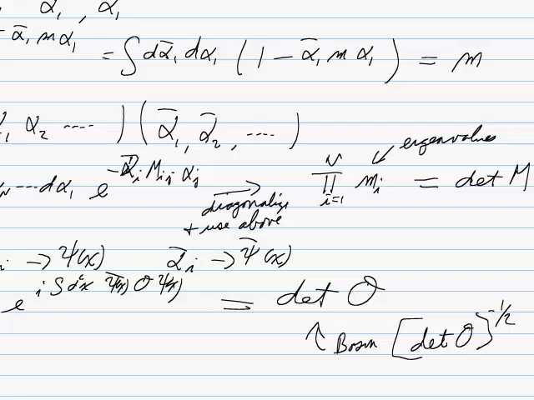Here, fermions give you the determinant of O to the first power, linearly, not a minus power.